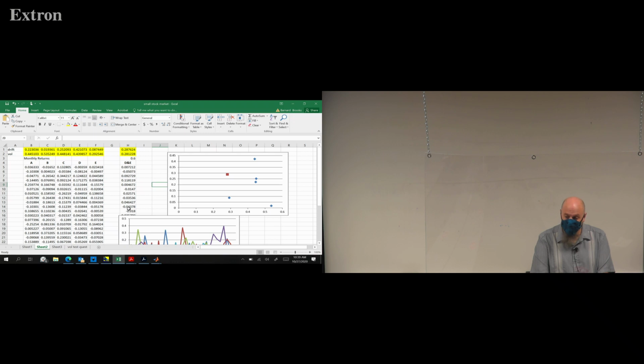And then if I want to know the drift of my portfolio, I'm just taking the annualized average return on the portfolio. If I want to know the volatility of my portfolio, I'm just taking the annualized standard deviation of those returns. On Thursday, we're going to make up a formula where I can just do it with the drifts of the particular stocks. I don't have to go all the way back to the data and update the data each time.